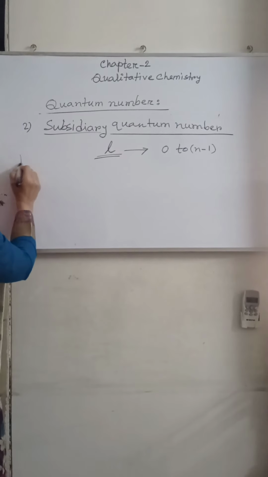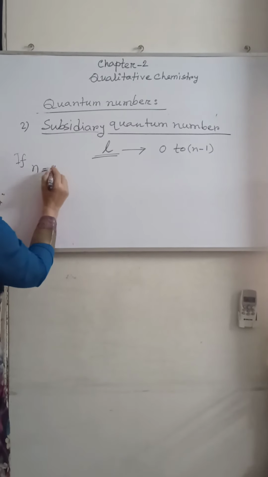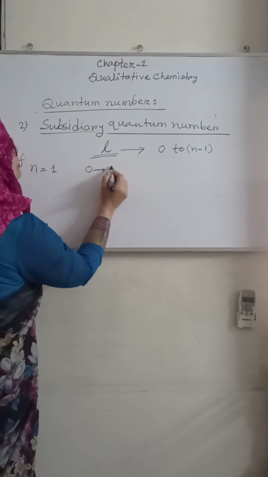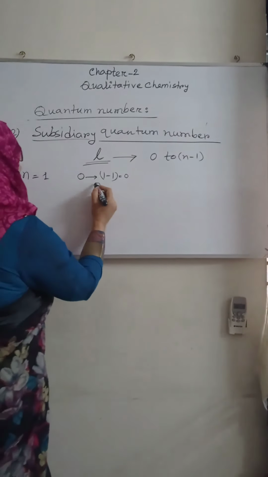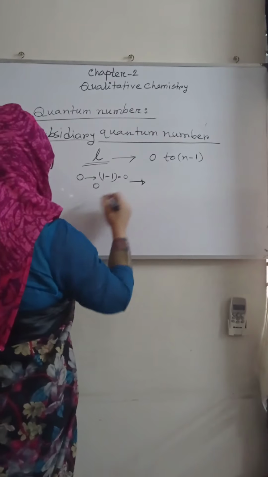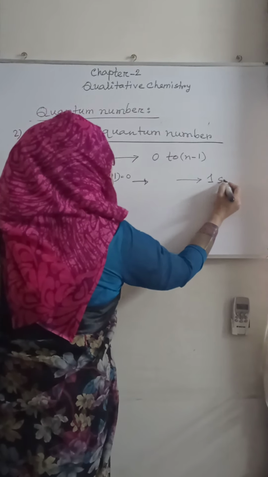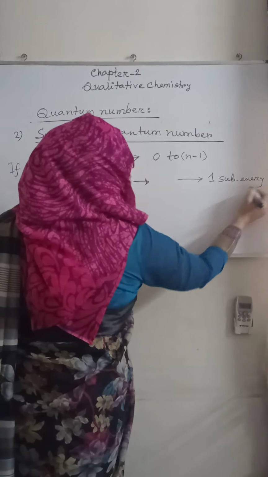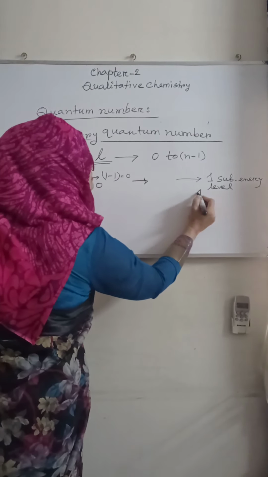That is, if n equals 1, then the value of l is 0 to n minus 1, that means 0. It represents that the first energy shell has only one sub-shell or sub-energy level, and it is represented by 1s.